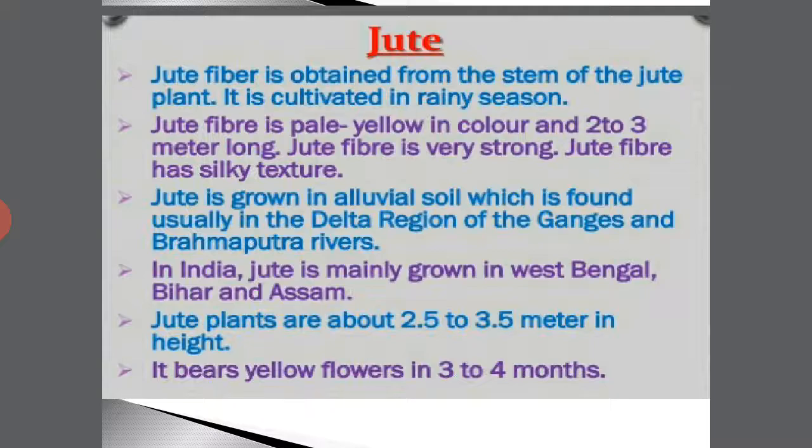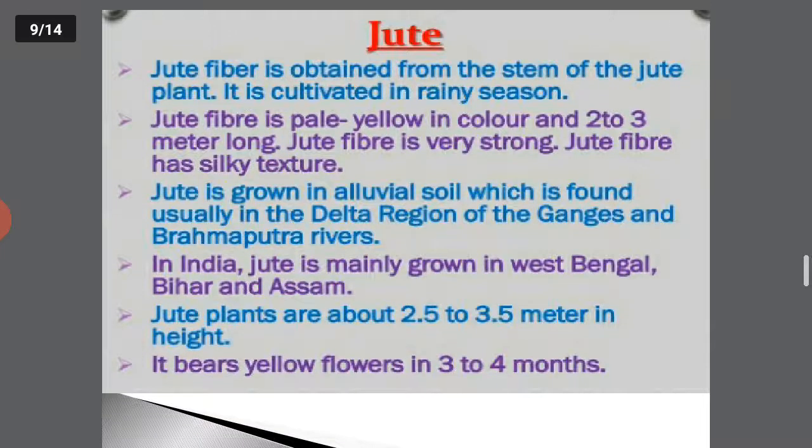The jute plant is about 2.5 to 3.5 meters in height. If you compare jute with cotton, the height of the cotton plant was 1 to 2 meters only, and the height of the jute plant is 2.5 to 3.5 meters.